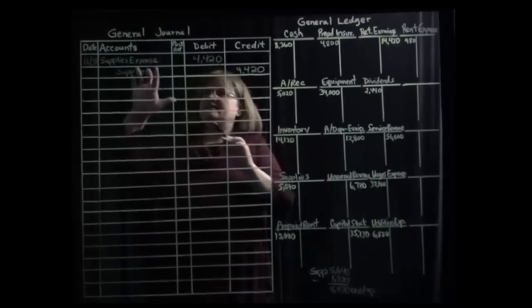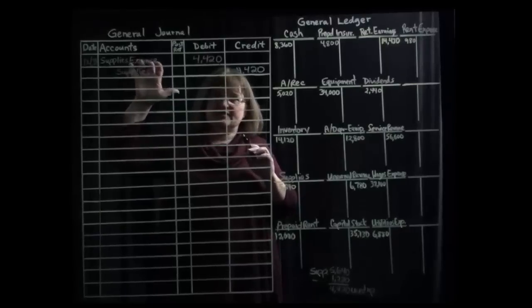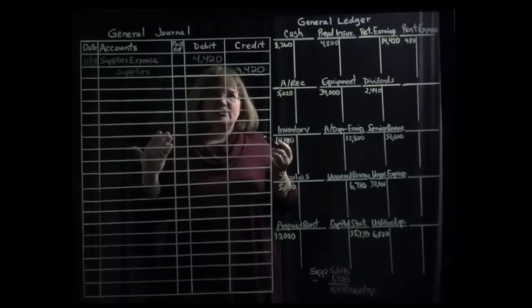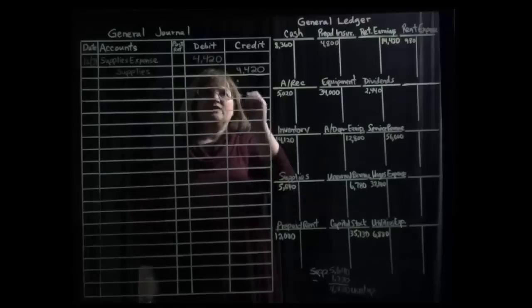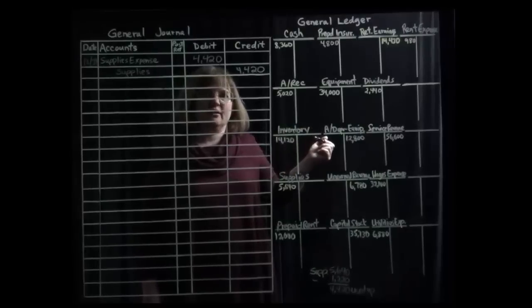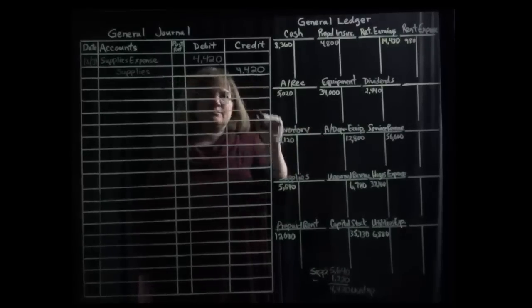Now keep in mind that supplies the expense represents the supplies that were used up during this year, and supplies the asset represents how much supplies we actually have on hand. And so by debiting the expense, we're increasing the expense, which is going to have the effect of reducing our net income, and by crediting the supplies, we're decreasing the supplies.